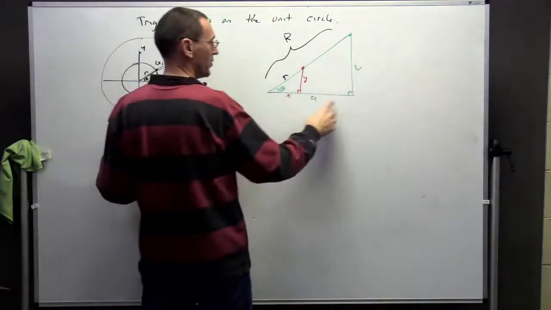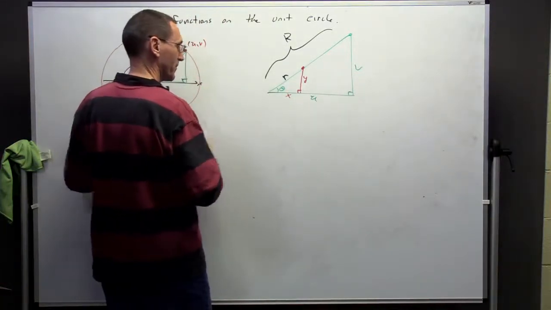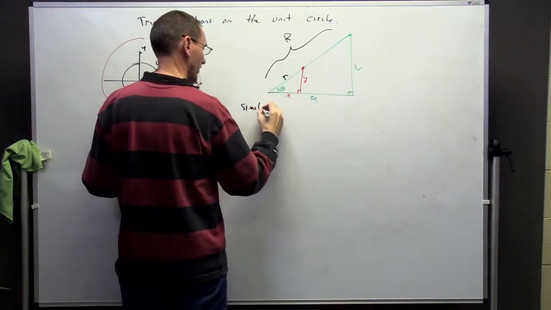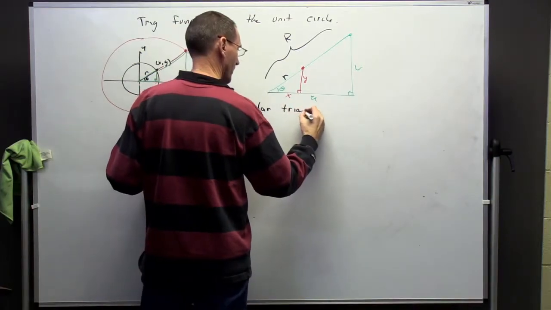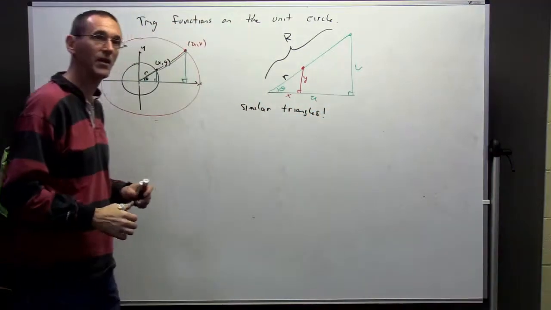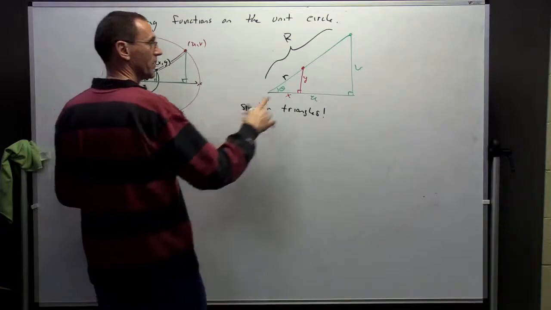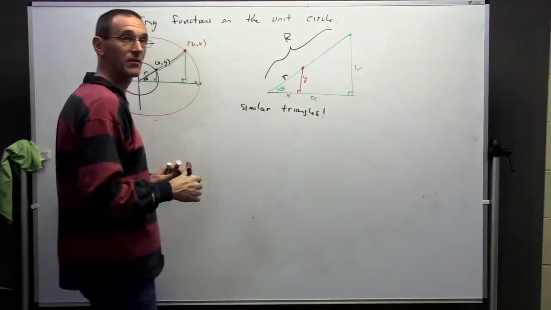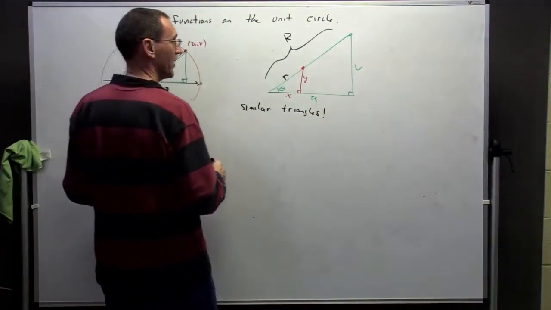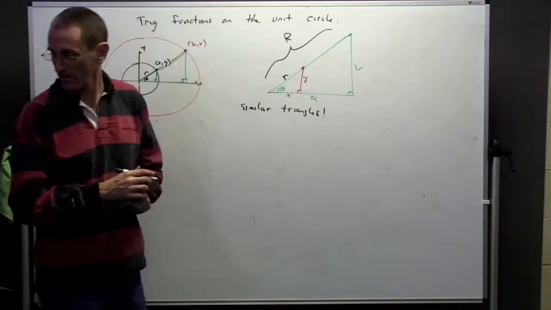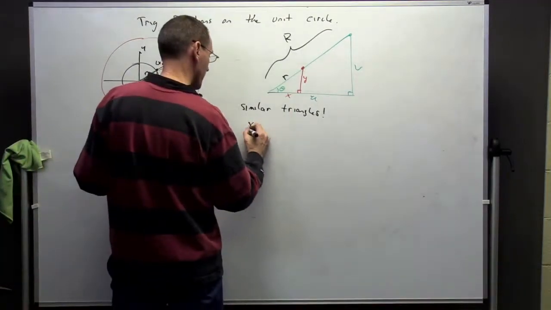And notice we have two similar triangles. Okay. That means these ratios are going to be constant, or they're going to be similar in terms of how I look at x over r.